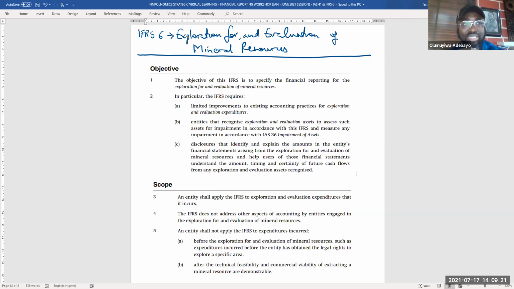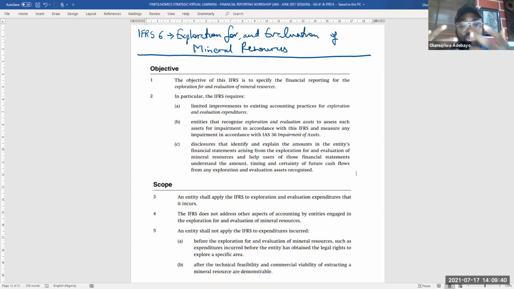Therefore, you must understand that the issue of successful effort method and full cost method only accounts for a very little aspect of oil and gas accounting, because that is just at the point of development and production.